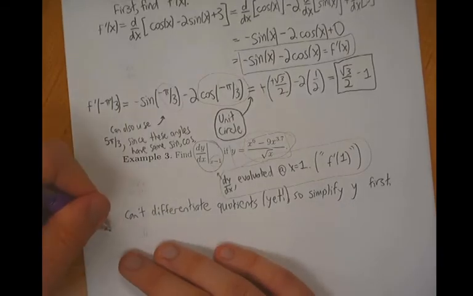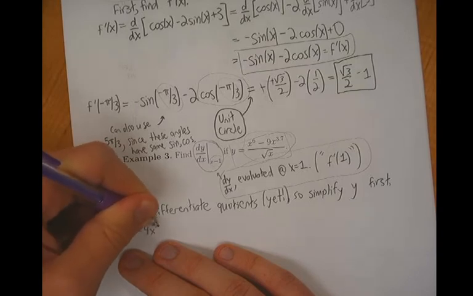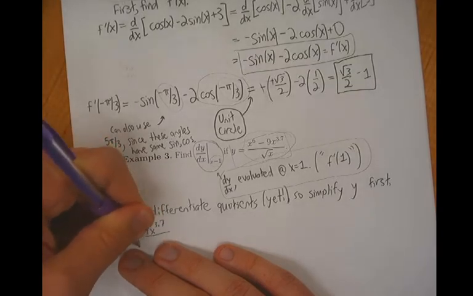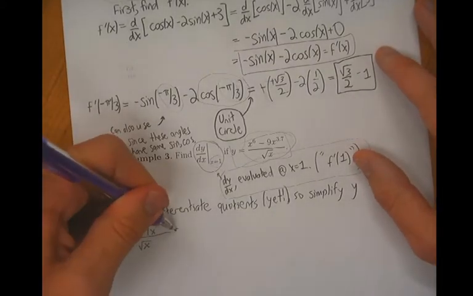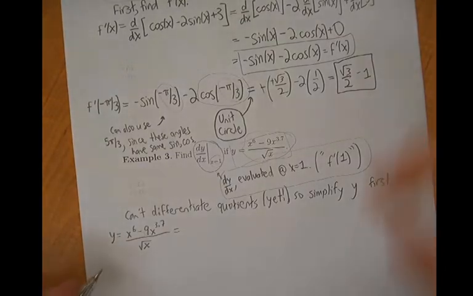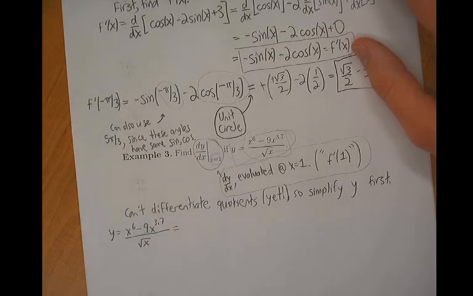So to do that, let's see. We have y equals x to the 6th minus 9 times x to the 3.7, over the square root of x. Okay? So how would we go about simplifying this? What do you think we should start by doing first? Bring the root x up by calling it x to the negative 1/2.